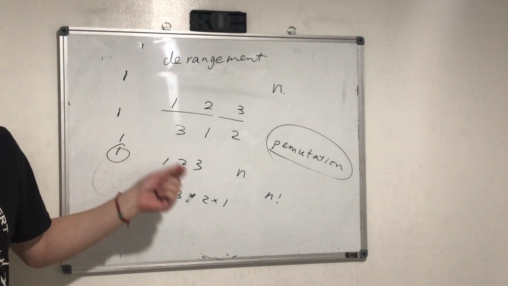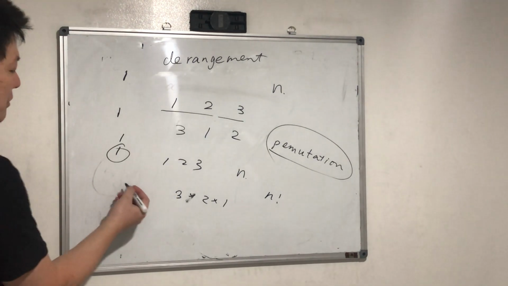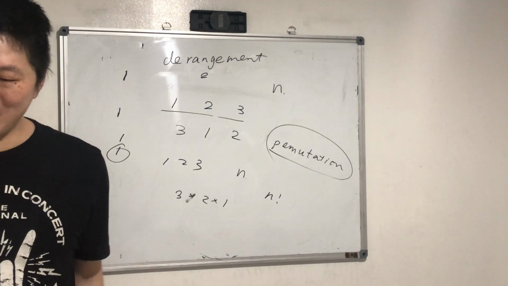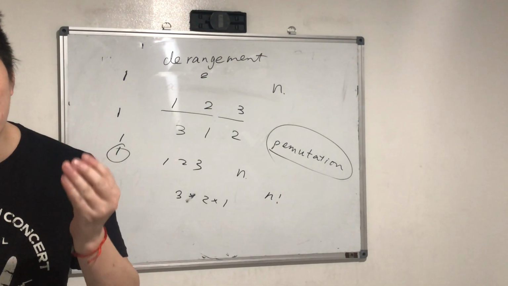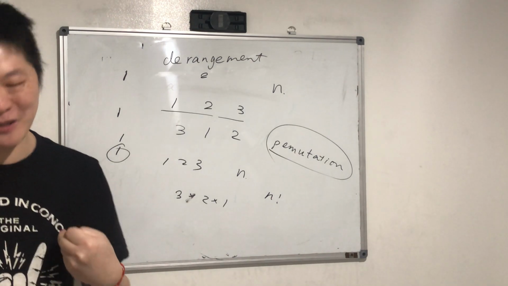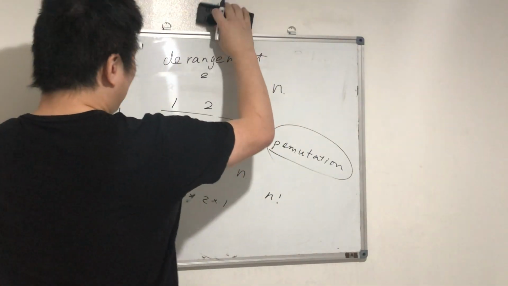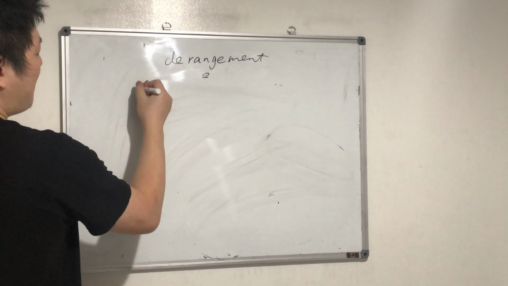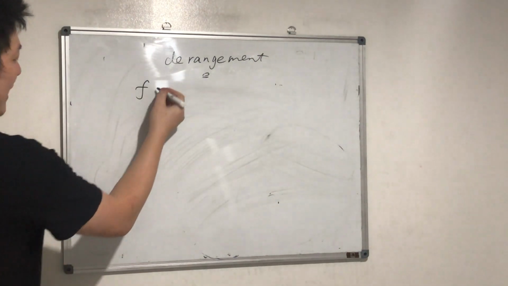So there are none. How about 2 numbers, 1, 2? How many? 1, because it can only be 2, 1. It cannot be 1, 2. So that's easy, you got the concept. Let's say f is the function we are going to look at.